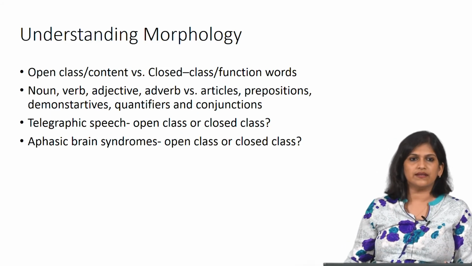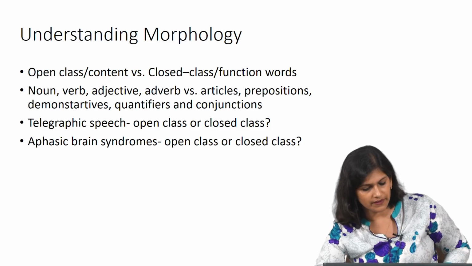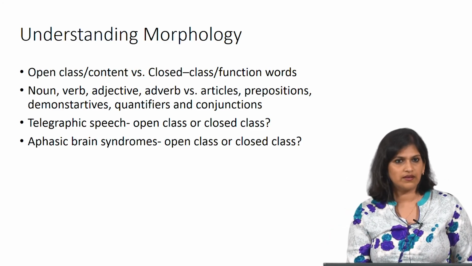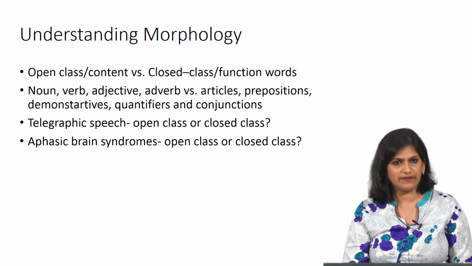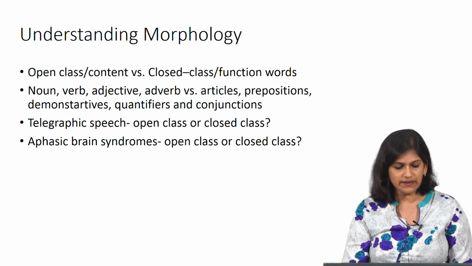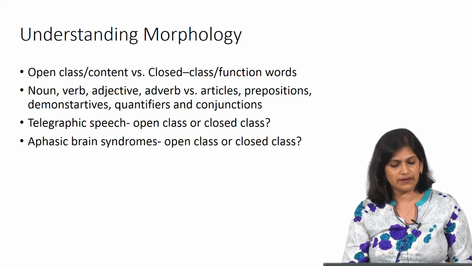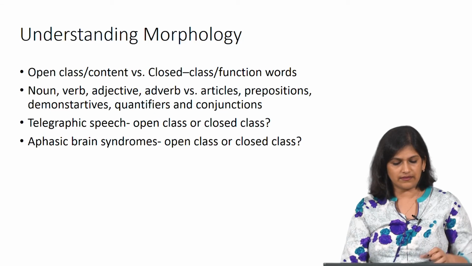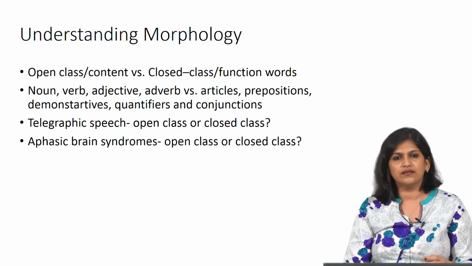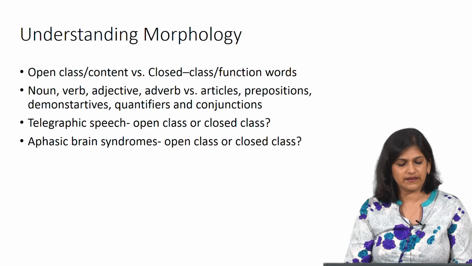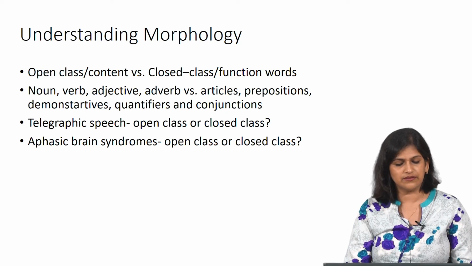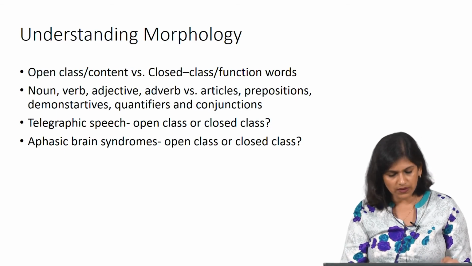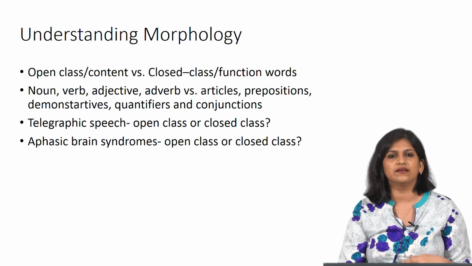So, the question for you would be, figure out the nature of telegraphic speech, which caters to brevity and intelligibility, and what sort of words people affected by aphasic brain syndromes use.